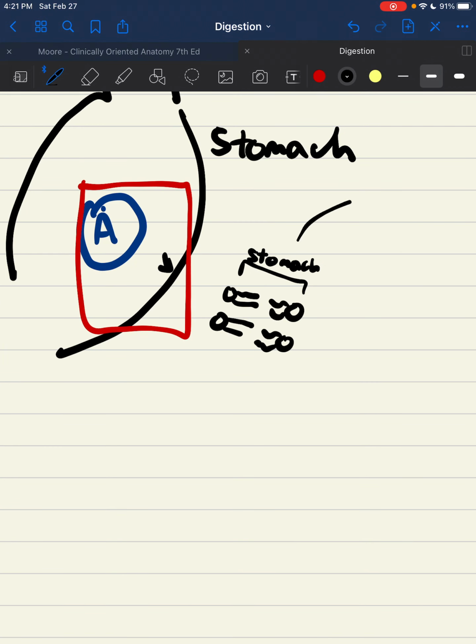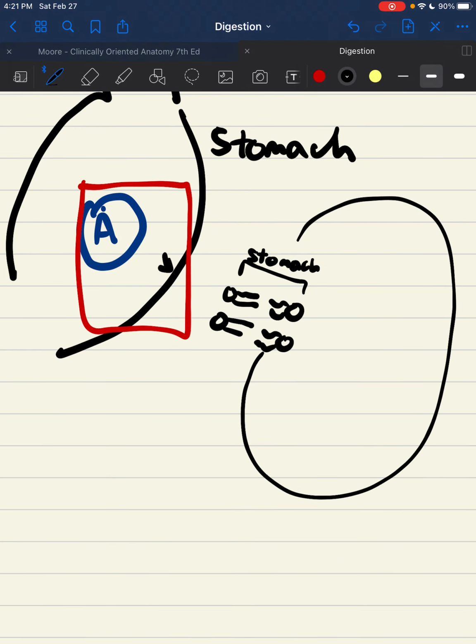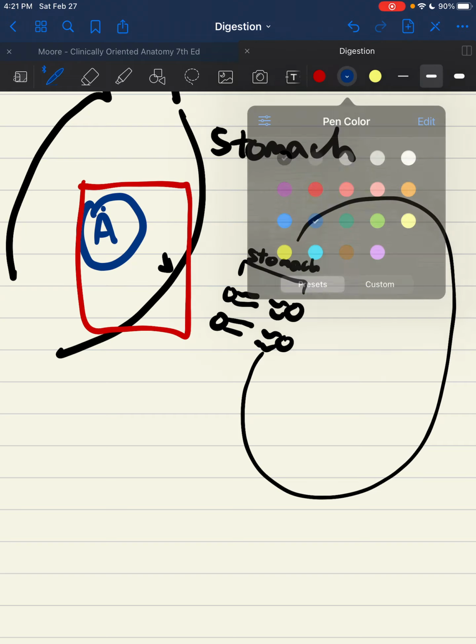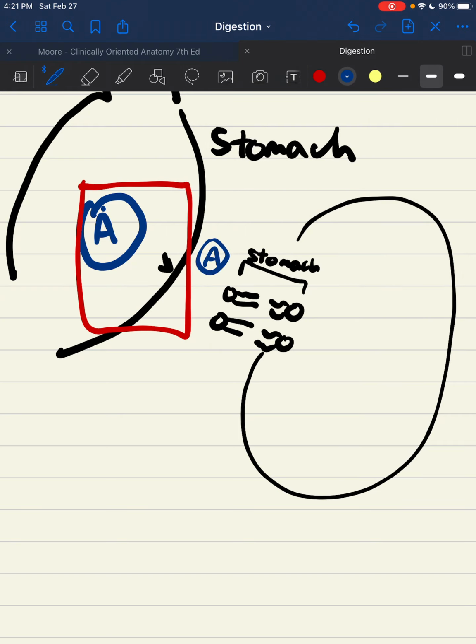This is let's say one stomach cell right over here. I'm not going to draw the whole thing out. And this here is aspirin. One of the easiest ways for aspirin to go through these stomach cells is if aspirin is in a lipid soluble form.